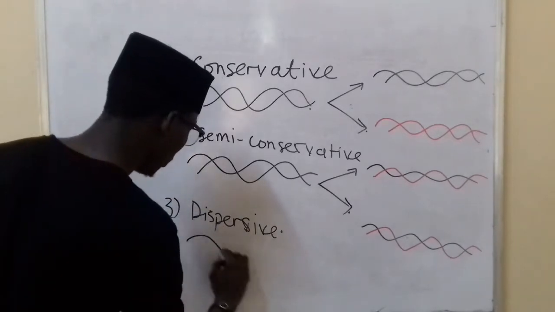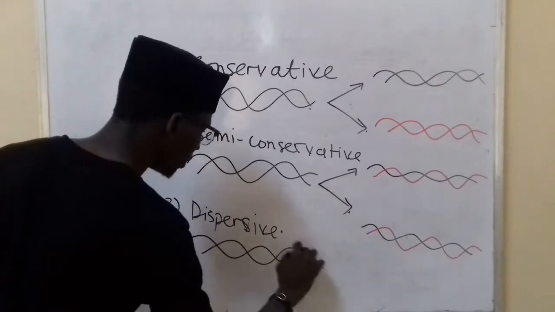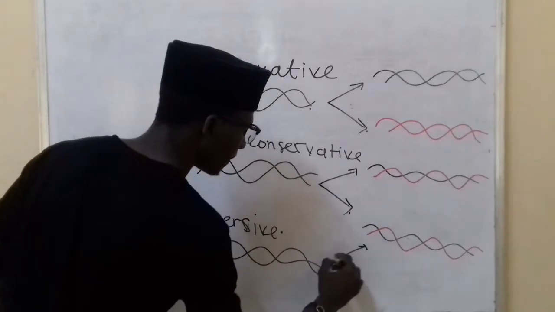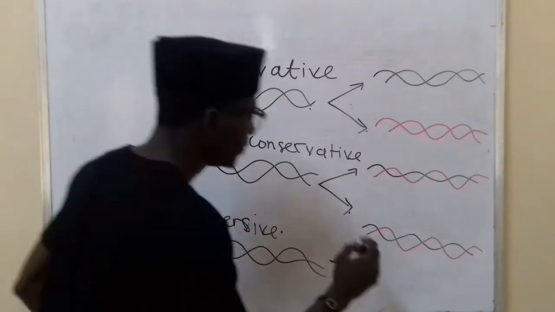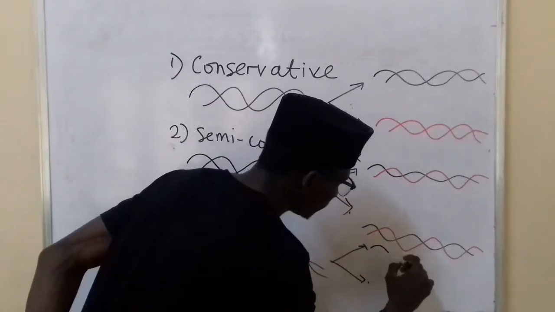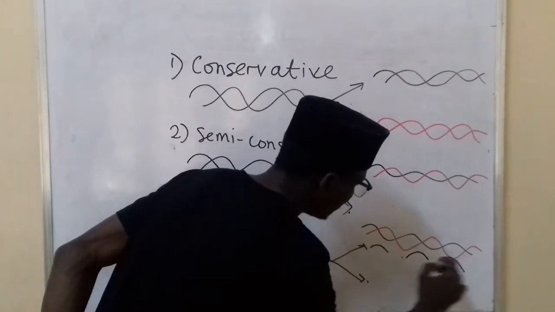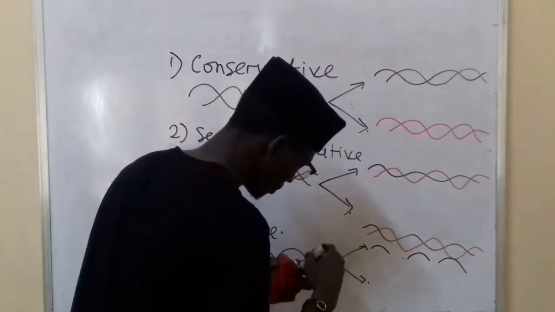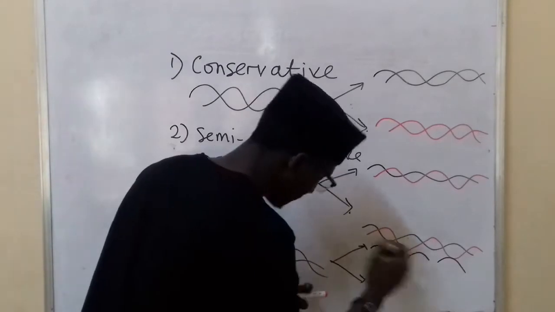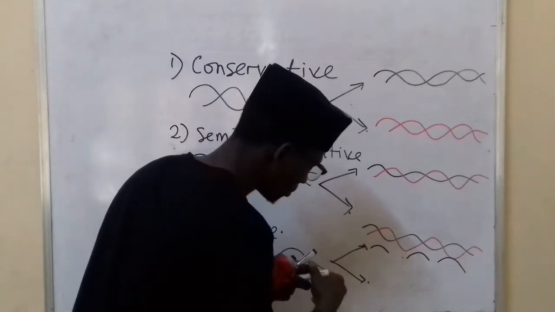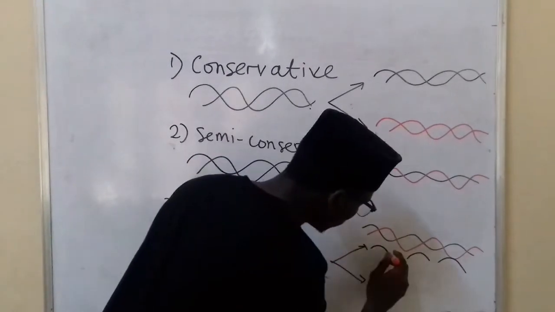So this is the parent molecule, double-stranded structure. Then you have the dispersive, something like this.